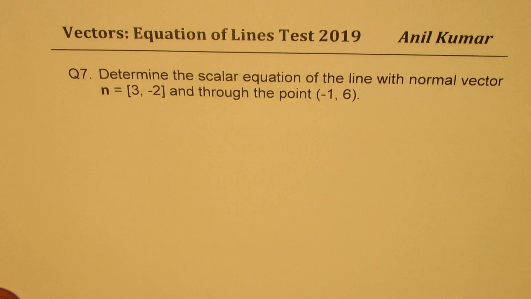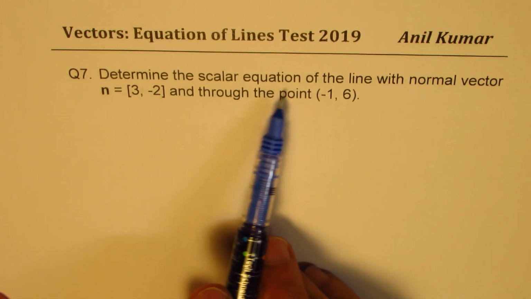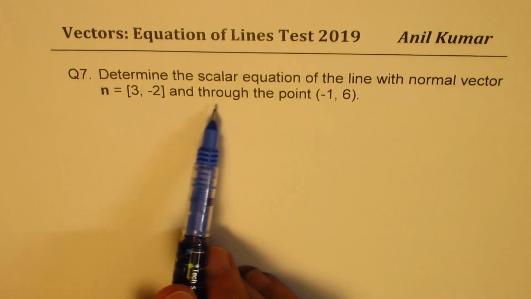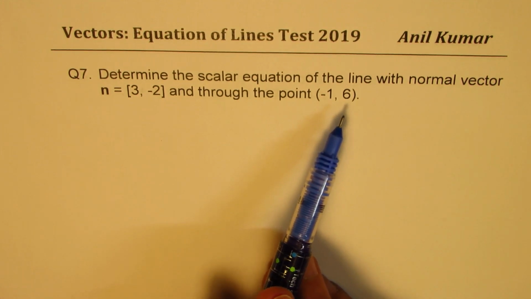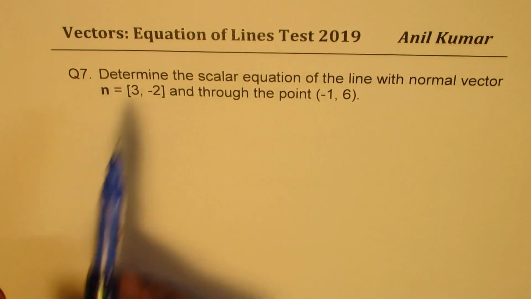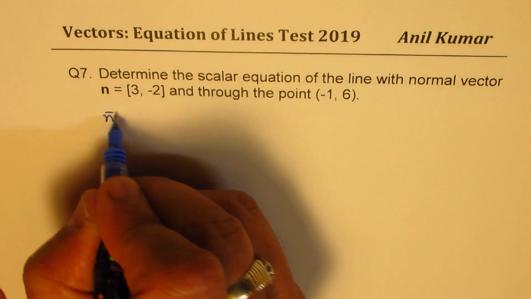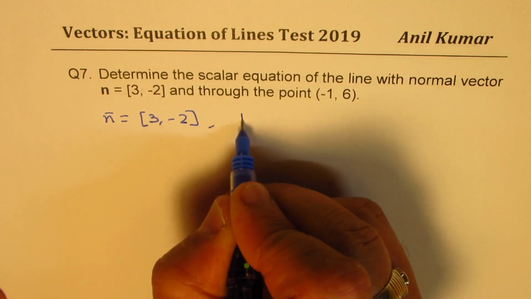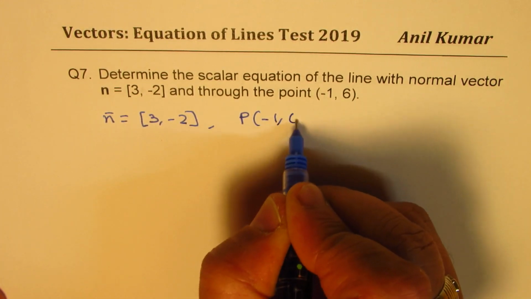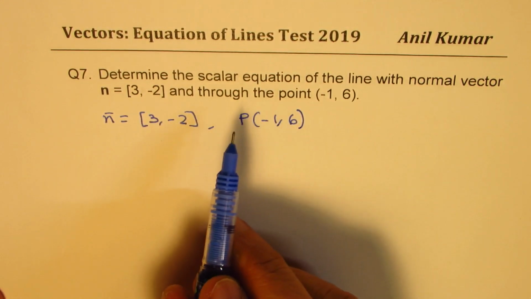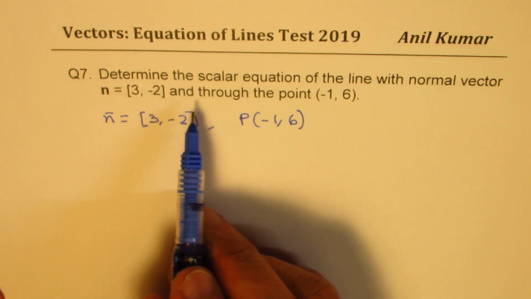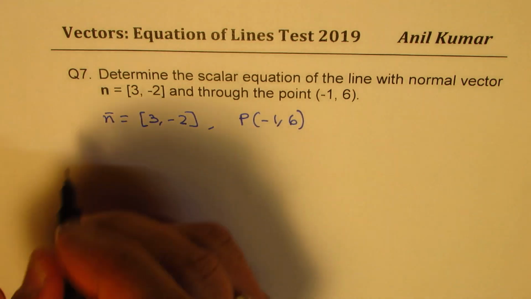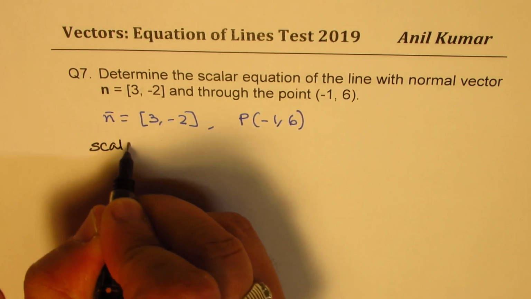Question number 7. Determine the scalar equation of the line with normal vector (3, -2) and through this point. Correct? So when we are given the normal vector, we are given normal vector as (3, -2), and we are given a point which is (-1, 6). The Cartesian equation or the scalar equation, they are the same thing. So what is the scalar equation?